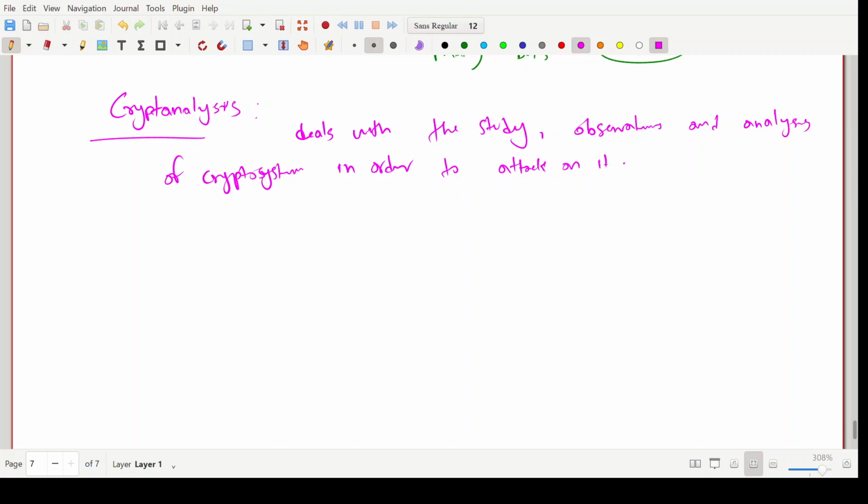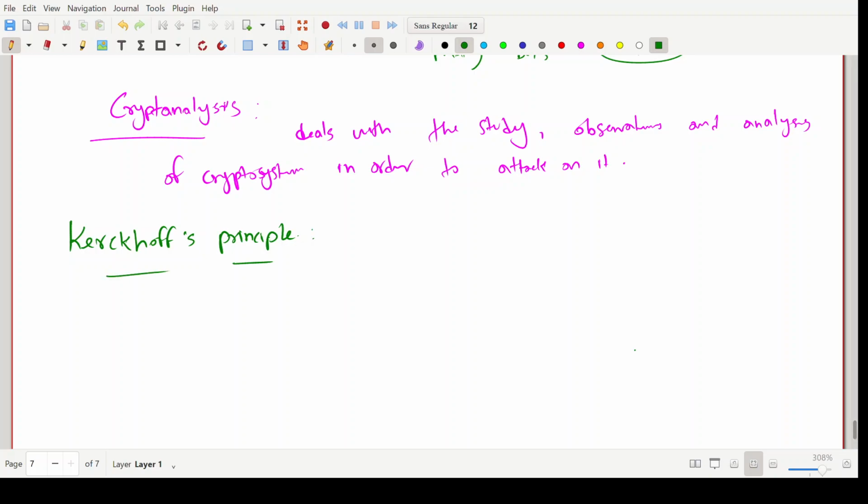So what is Kerckhoff's principle in cryptography? Let us see.